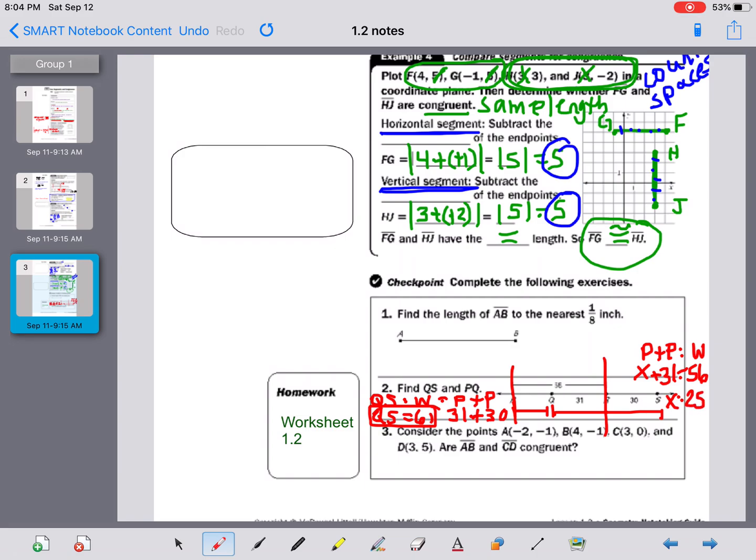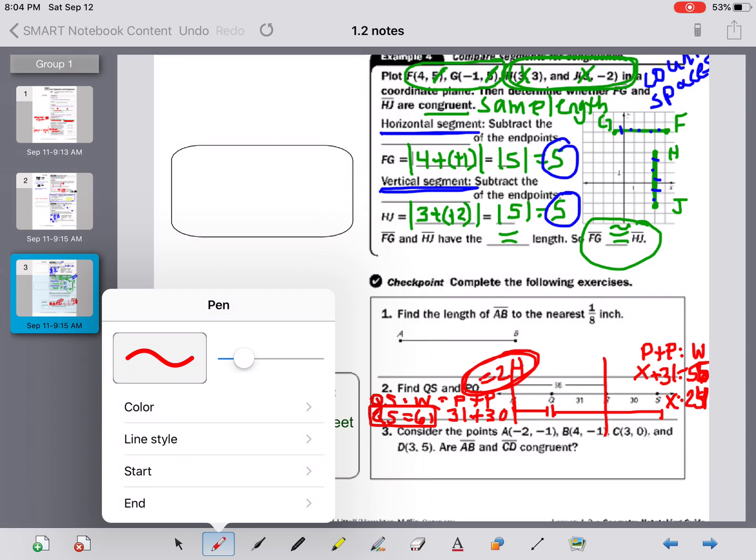So I think that PQ, did I read that wrong? Is it 55? See, I can't even read my writing here. 55, which will make this 24. There we go. So it looks like PQ is going to equal 24. Okay. That's the danger doing these notes without you guys to catch my mistakes. Sometimes I just do them wrong.